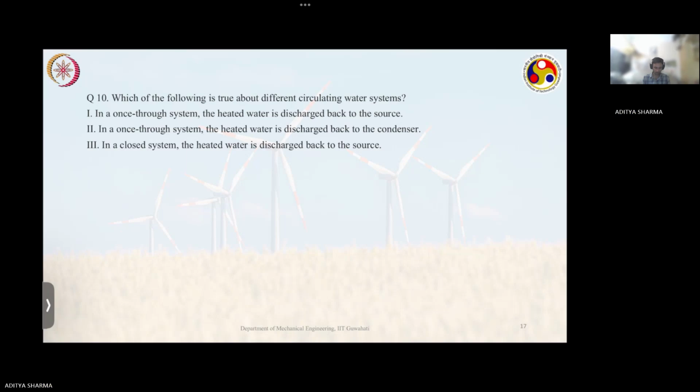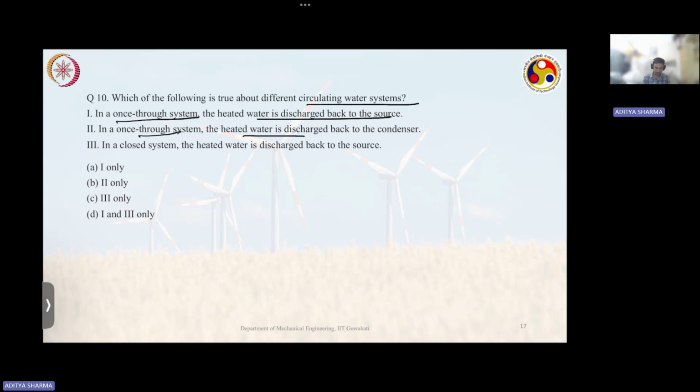About circulating water systems, here a question has been asked. In once through, heated water is discharged back to the source. That is correct.